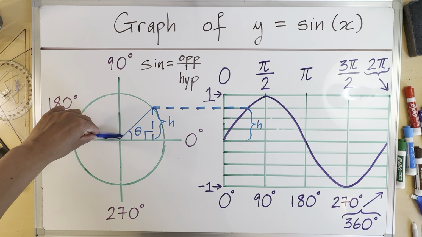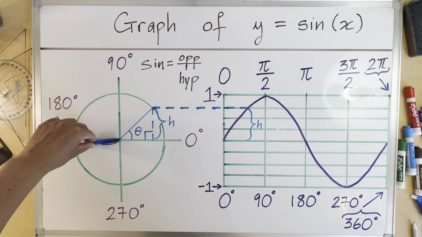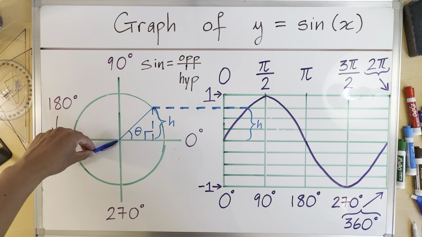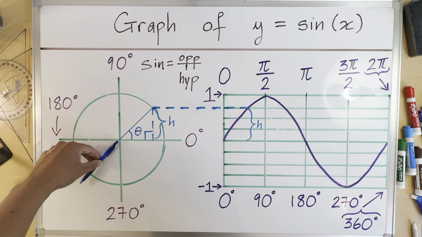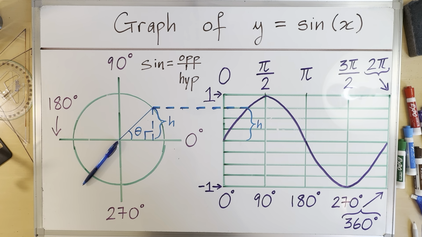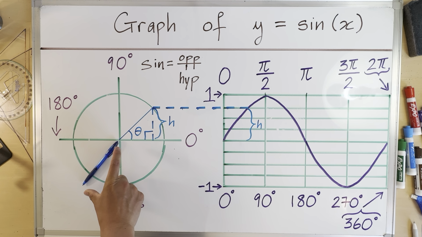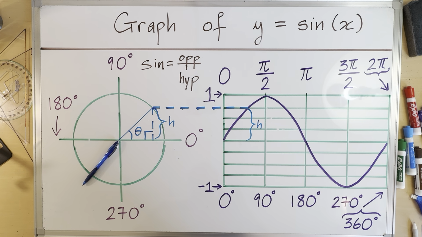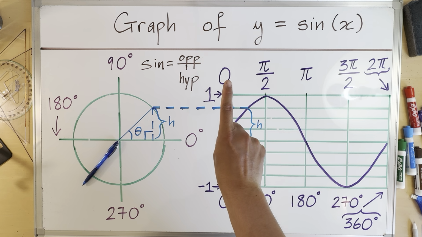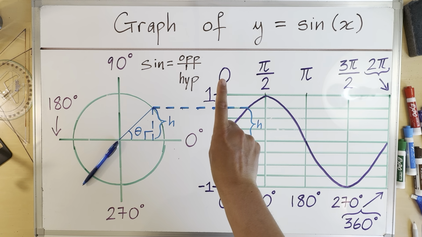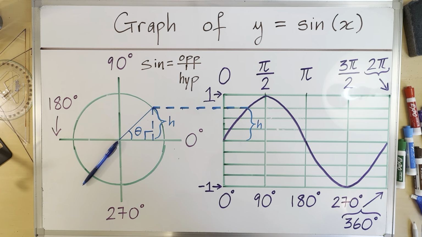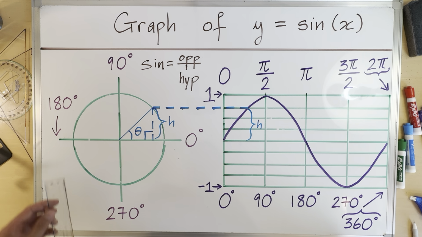Now, as the rotating arm continues to rotate, we still have the hypotenuse, which is the radius of the circle with a length of exactly 1 unit. However, the side of the triangle, so I'm just going to replace this.